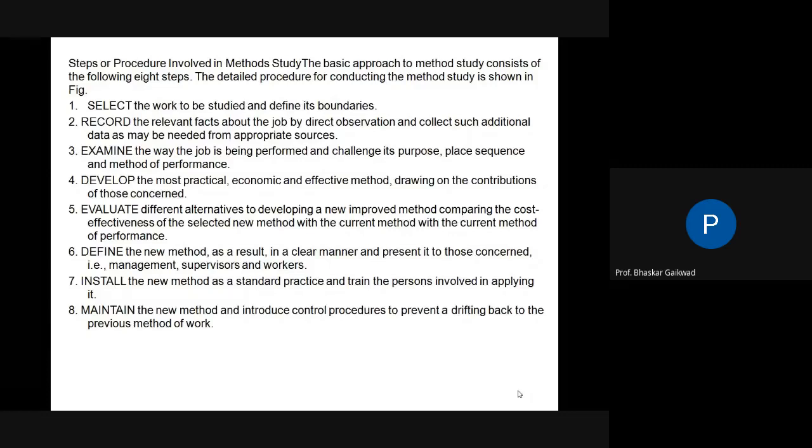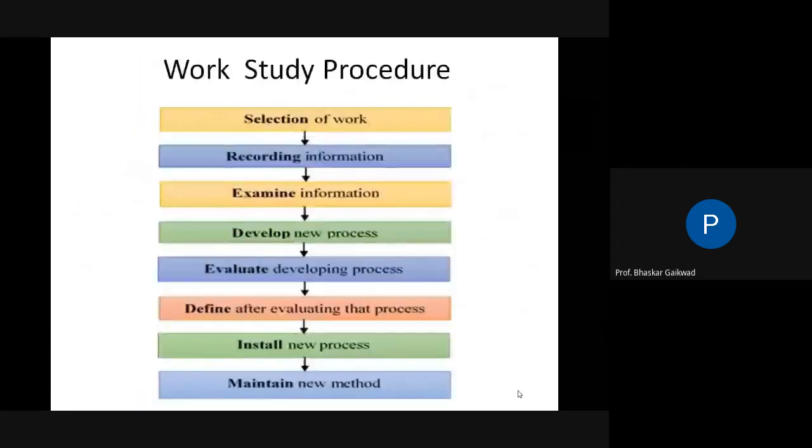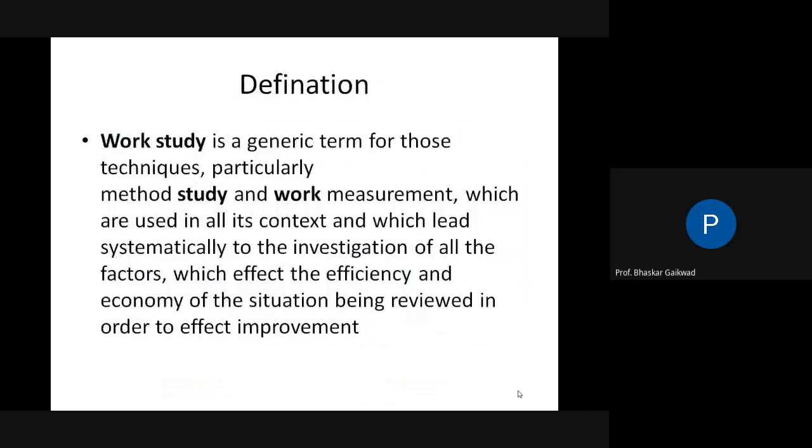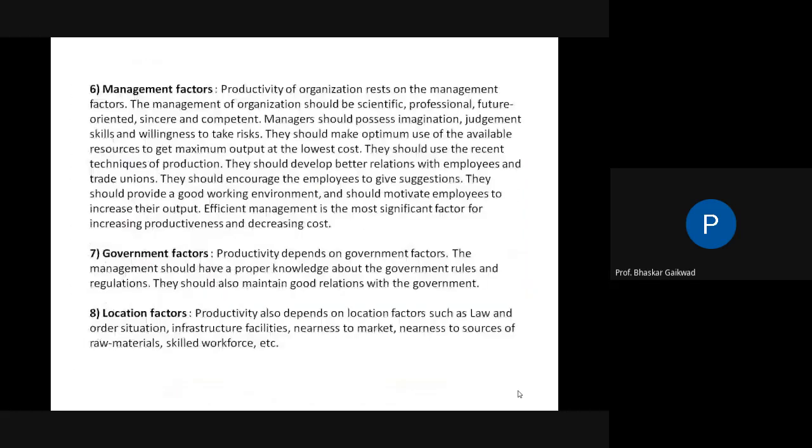So once I will go back and show you. So this is actually the work study process, correct? Selection of the work, recording what is going on, examination, develop new methods, evaluate new methods, set the new methods, and continue or maintain.